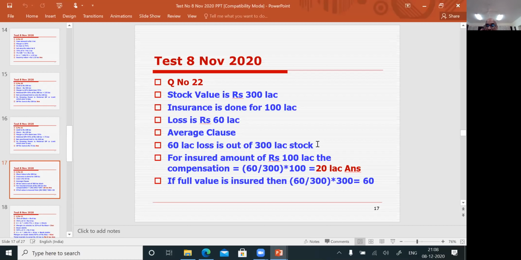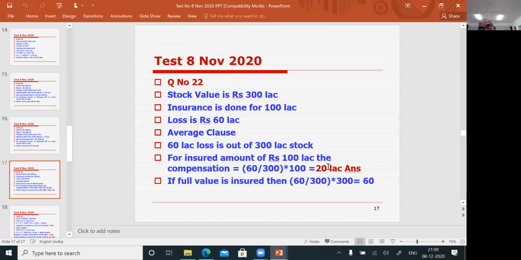They will ask, the loss is on what total stock? The 60 lakhs loss is out of 300 lakhs of stock, and you are insured only for 100. So 60 by 300 into 100, you will get only 20 lakhs compensation.